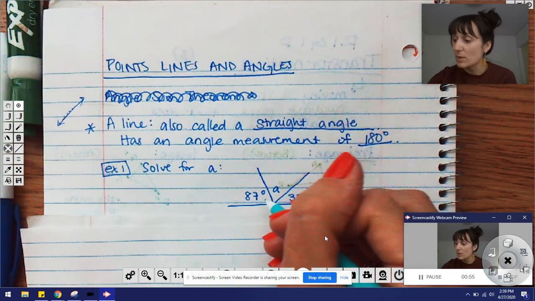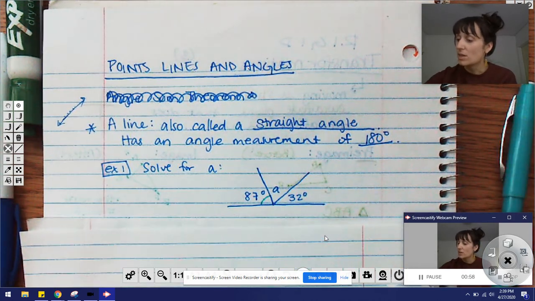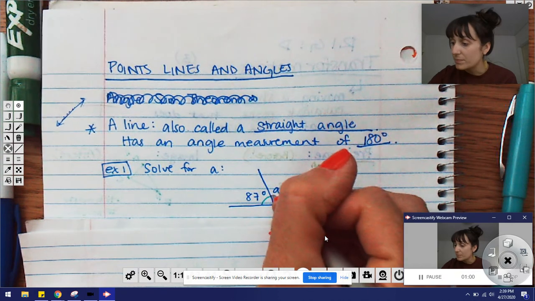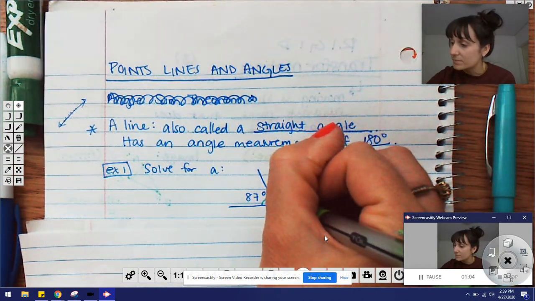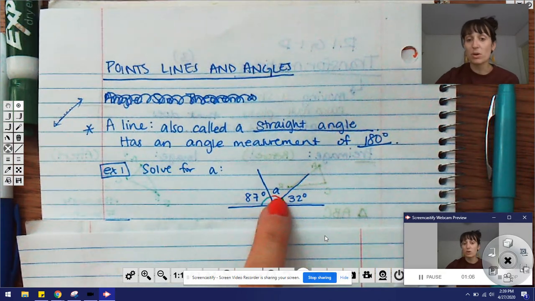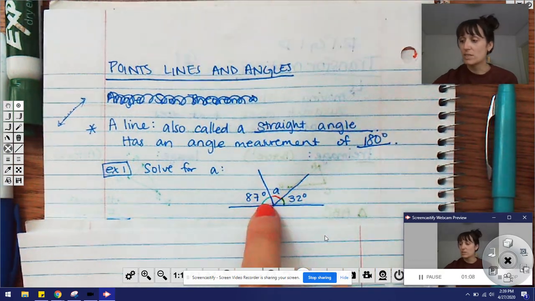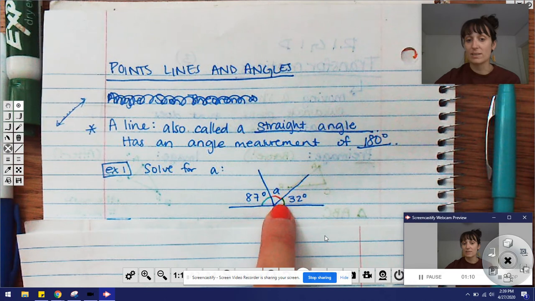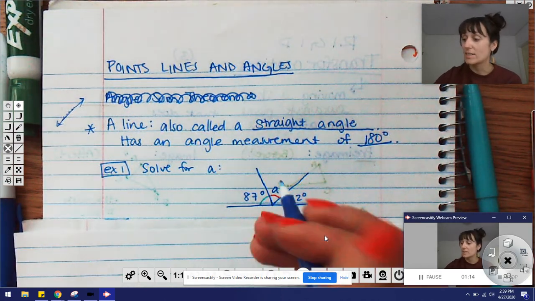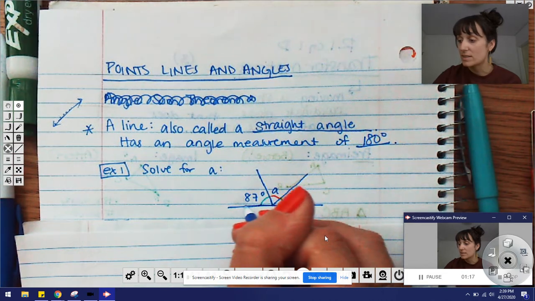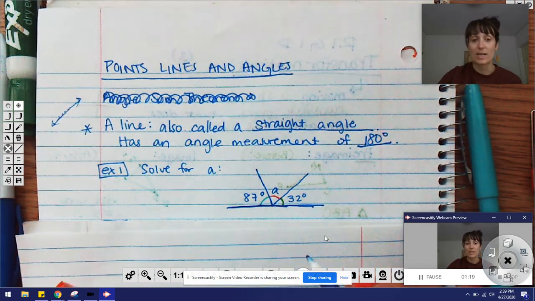So these three angles, they all lie on the same line, which means when we put all three of them together, the teal, the red, and the green, they add up to 180 degrees, since they all lie on a straight line.